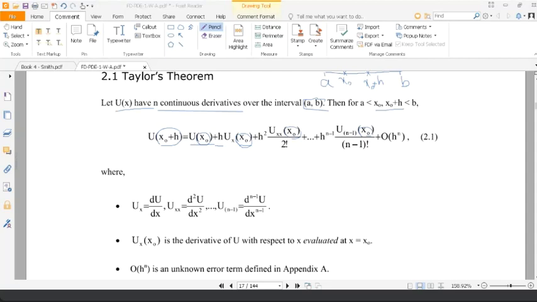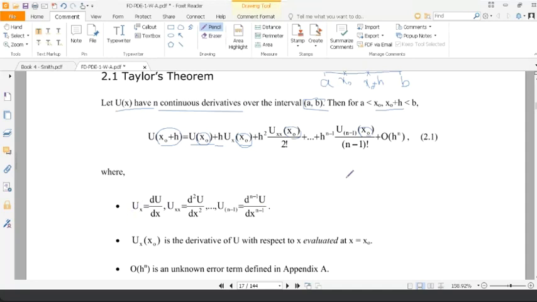As was said before, when u is a function of one variable, the derivative is an ordinary derivative.